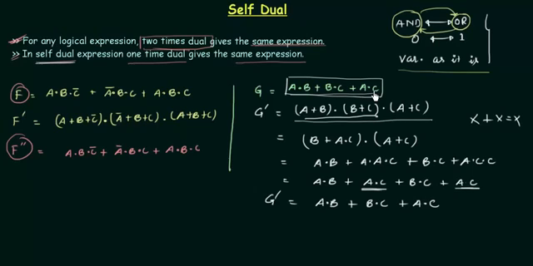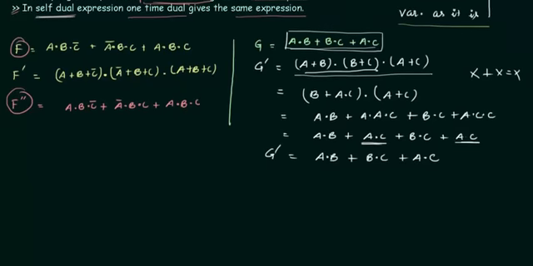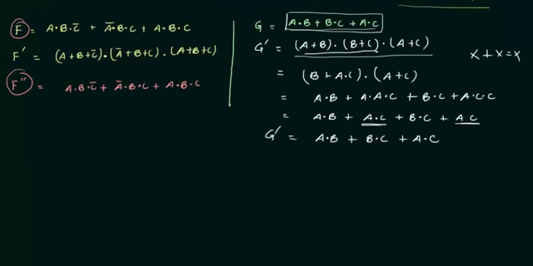Sometimes you may have questions in your exam. Now there is one trick that I am going to share with you. This is a very important trick. If you have n variables and you want to find out the self-dual for these n variables, then how many self-duals are possible?